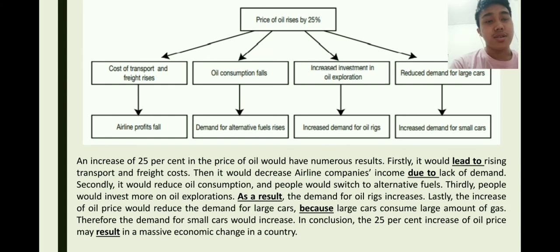As you can see, the bolded words are the conjunctions and the verbs that represent the cause and effect in a sentence. You can read it by yourself because I'm not going to read all of this to you. But the point is, the flowchart helps you make a better, organized paragraph.